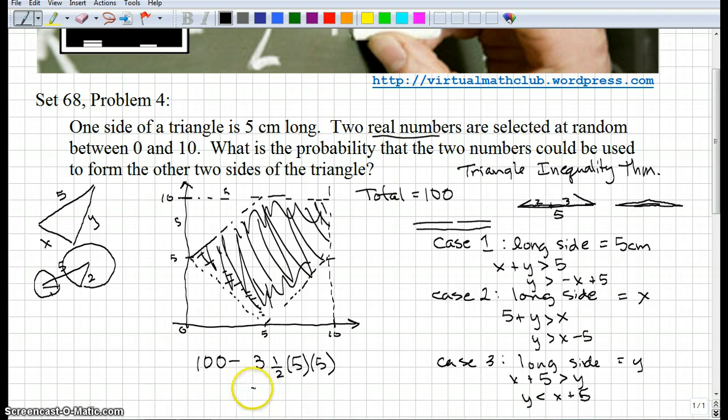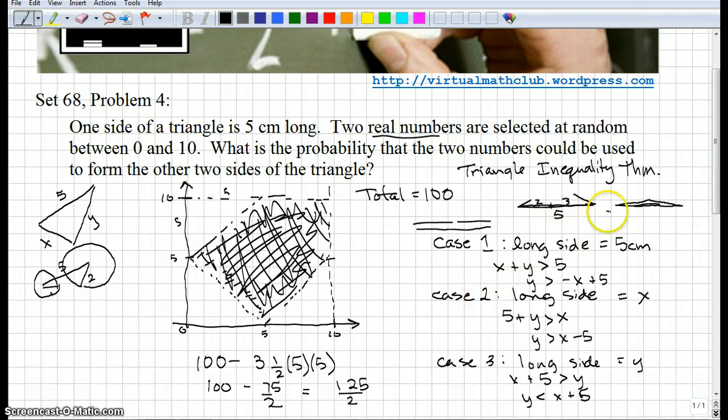So that's essentially 100 minus 75 over 2. I can take 200 over 2 minus 75 over 2, and that gives me 125 over 2. And that's the area of this region, the region where we're going to get triangles. And these little corners are the places where we don't get triangles.